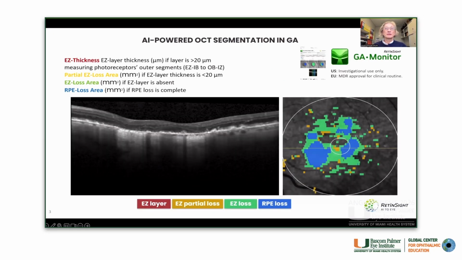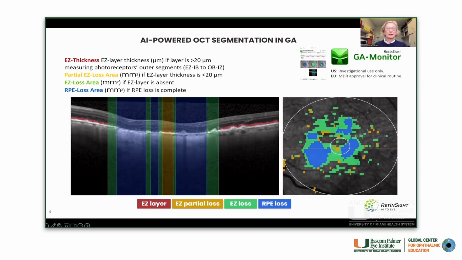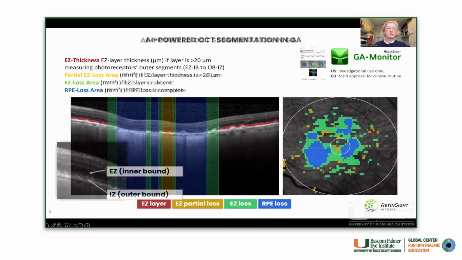AI-powered OCT-based segmentation in geographic atrophy focuses primarily on the EZ layer, measuring thickness and consecutive thinning, as well as complete loss. Partial EZ loss can be defined as a loss of below 20 microns in the EZ layer, and the partial loss, complete EZ loss, and RPE loss can then be displayed in an en face manner in a relatively precise way.